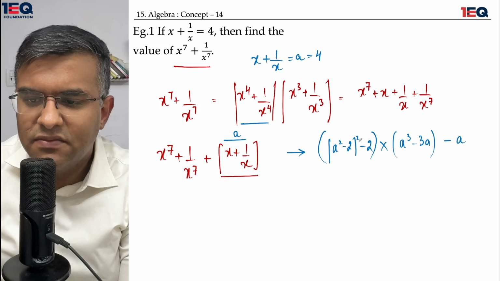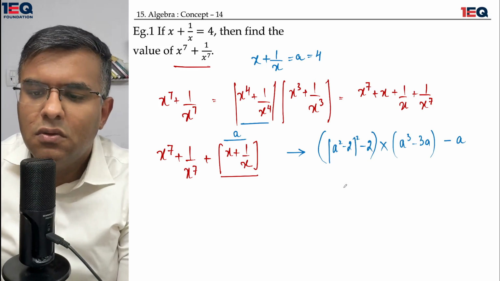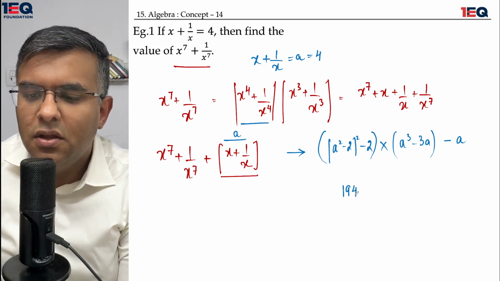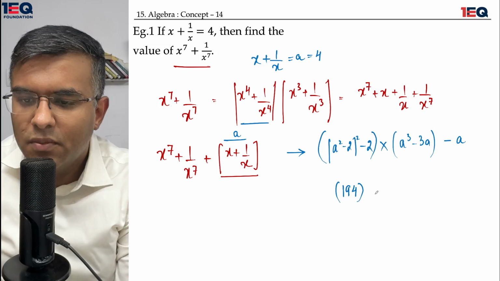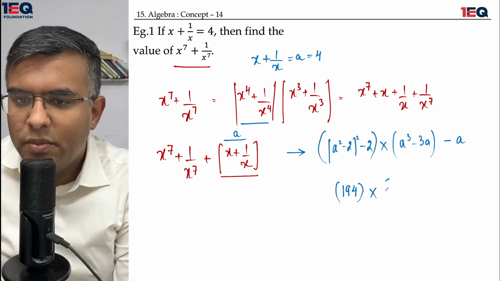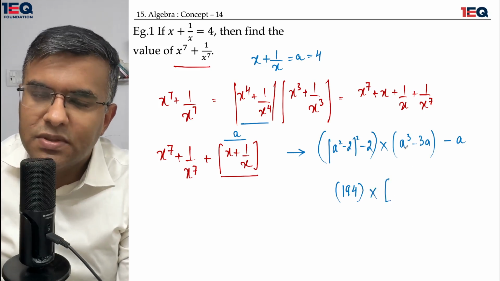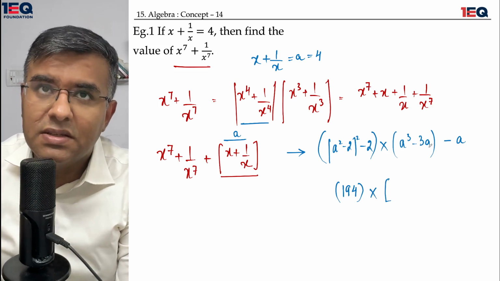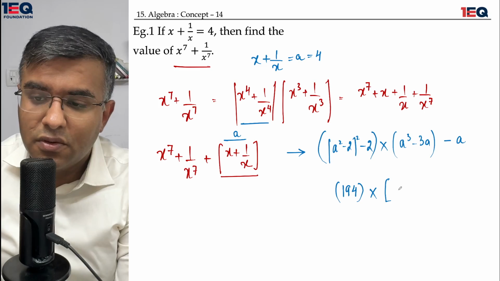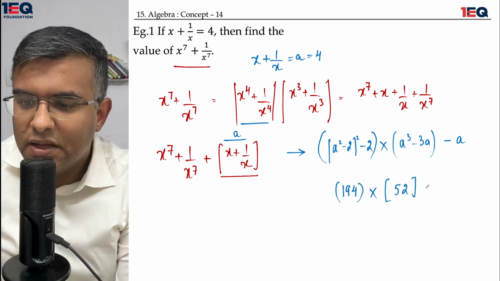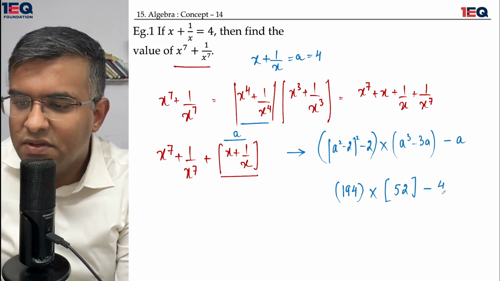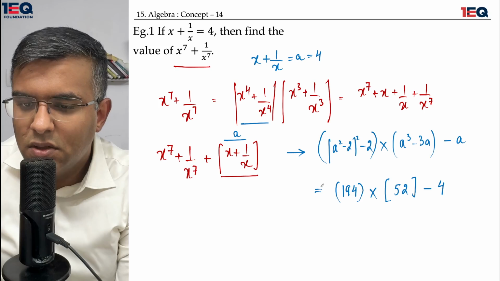Yep, 196. 196 minus 2 would be 194. This would be multiplied by a cube minus 3a. A cube stands for 64, minus 3a stands for 12. 64 minus 12 is equal to 52. And there is a component of minus a, which is nothing but minus 4.